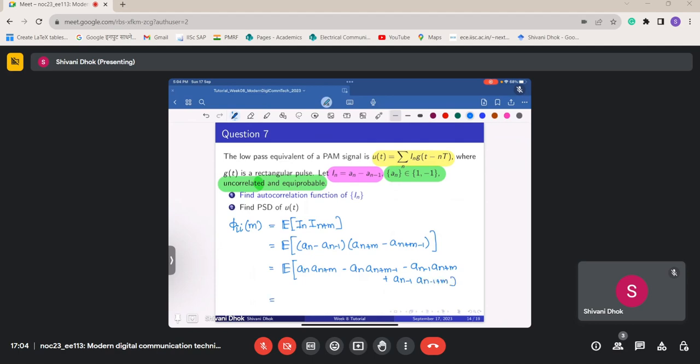Now I can use the linearity of expectation. Let me take it to the next page, it will be too cluttered here. So let me add a page.